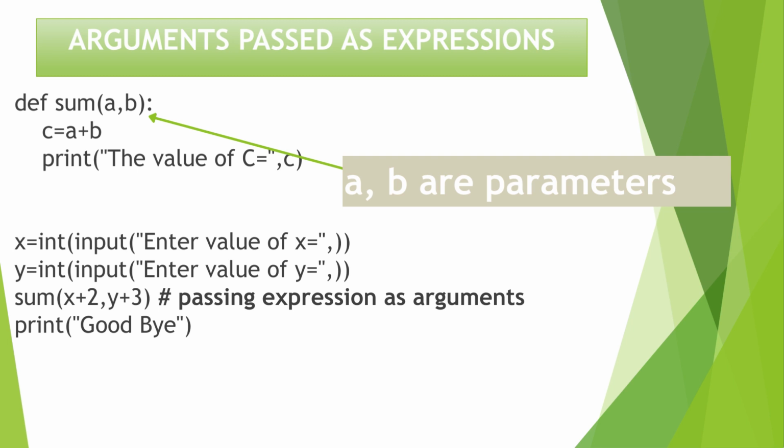This time we have passed the arguments in the form of expressions. The user will enter the values of x and y, which are then added to 2 and 3 respectively, and then the final values of x and y will be supplied or copied to the variables a and b, where a and b are parameters.